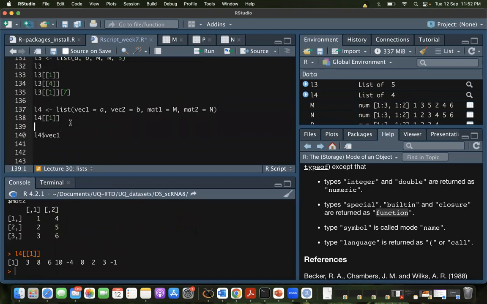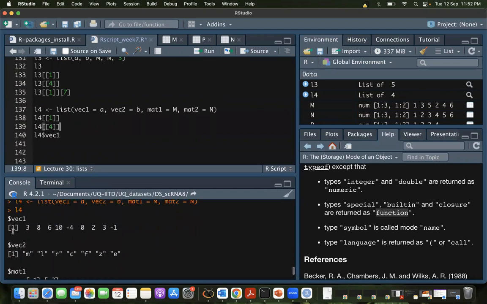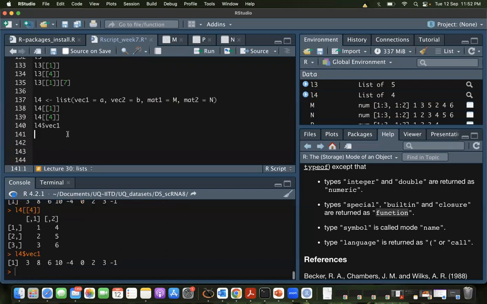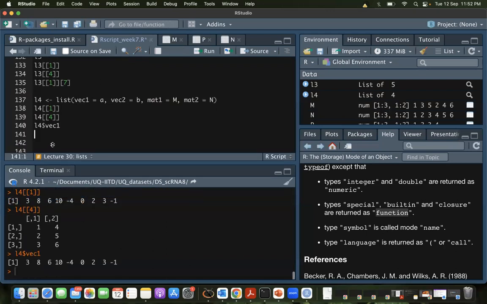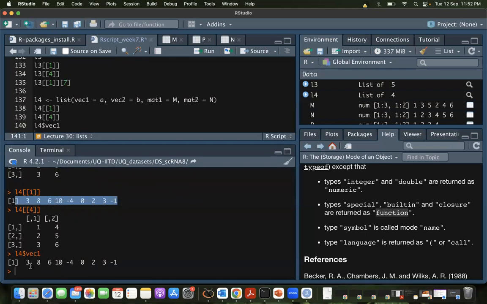I can still extract the fourth element with this. But I can also extract the first element by its name. The first element's name is vec1, and I can extract it using a dollar sign. You see this thing here and this thing here, same thing.